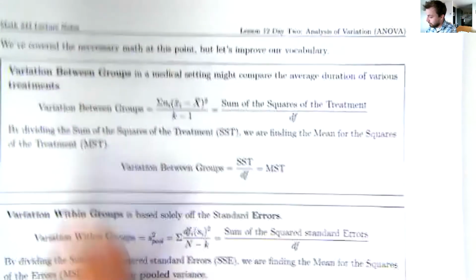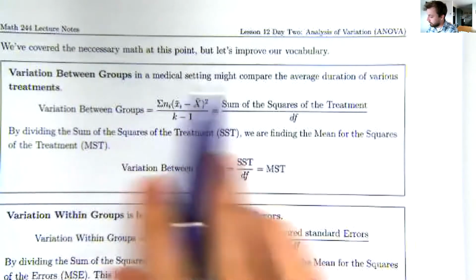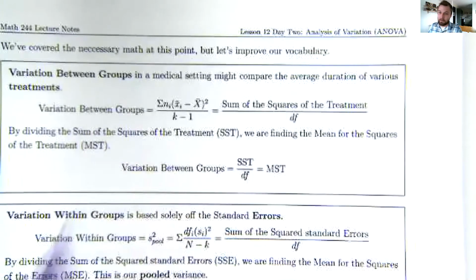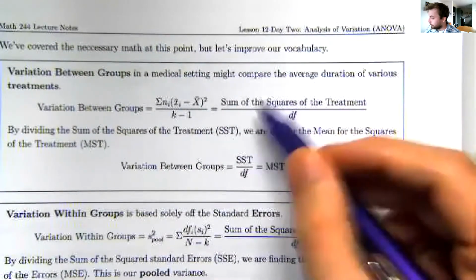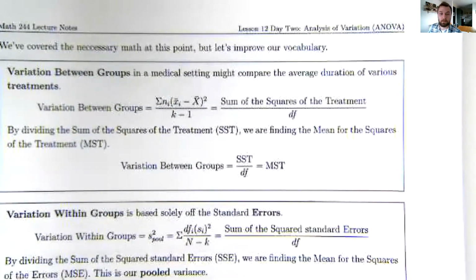So variation between. In a medical setting, this would be comparing a control group to medicine at a certain dosage to medicine at yet another dosage. So I'm comparing all these different treatments to see which one is the most effective. As a result, I call this whole thing some sort of comparison of treatments.